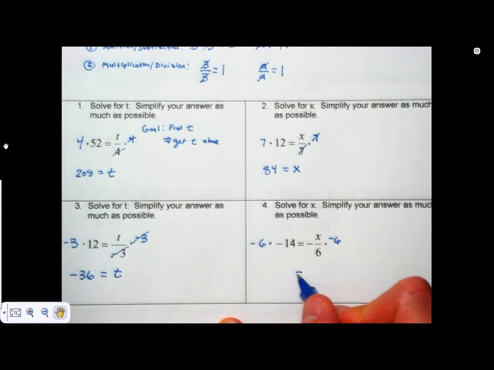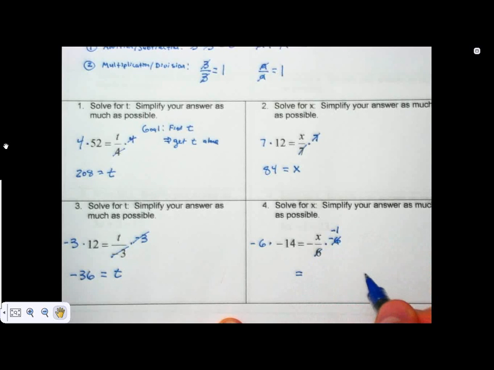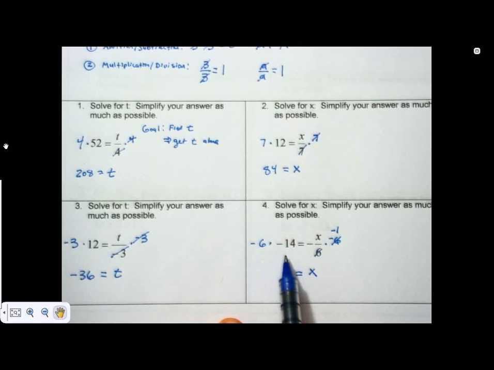So the 6 and the -6 this time will cancel, but I'll be left with -1. And then when I do -x times -1, that's just plain old x. And on the other side, -6 times 14 is going to give me 84.